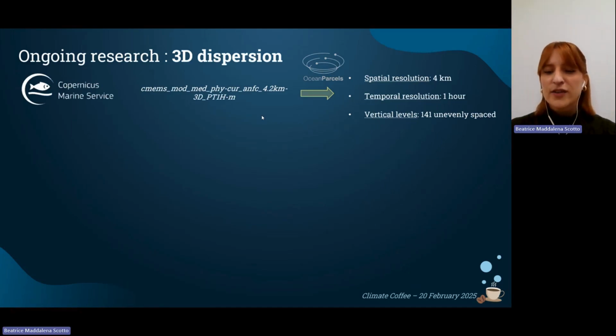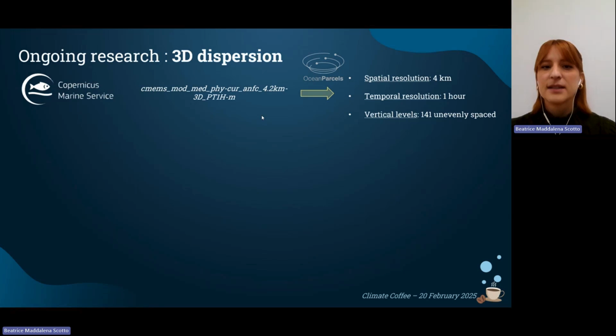Also, another ongoing research that is part of my research is devoted to the 3D dispersion, and for that we are using by now the Copernicus Marine, which presents data for the column of water. To create the simulation, we adapted the code from 2D to 3D using OceanParcels.